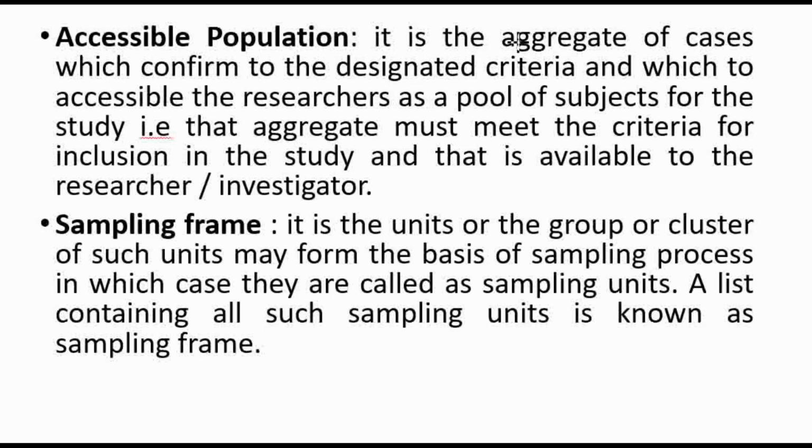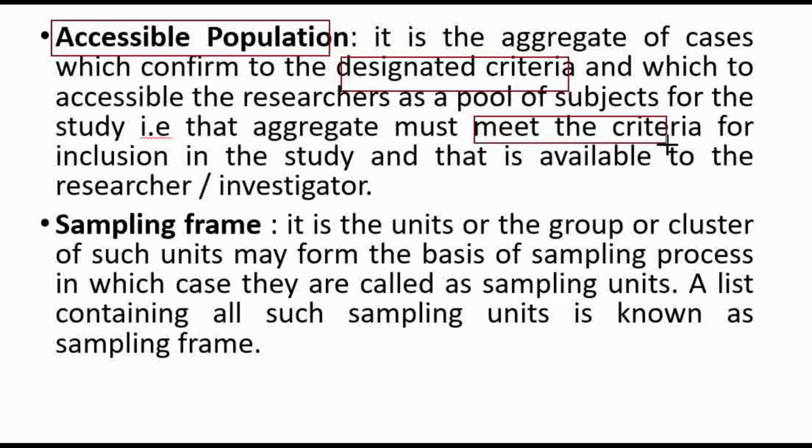So here we have a group of people who have the designated criteria the researcher is expecting. In books it is given in a complicated way, but try to remember that accessible population is nothing but people who have the exact criteria the researcher expects for inclusion in the study, and who are also available to the researcher.